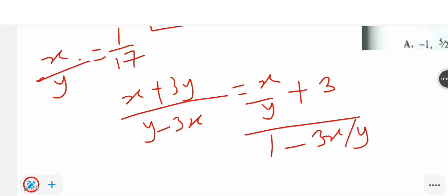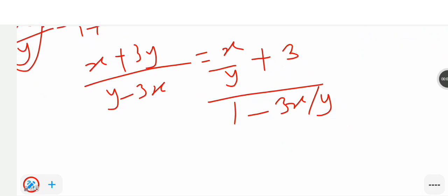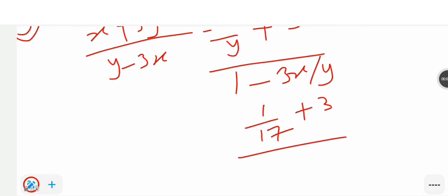I already know the value of x over y is 1 over 17, so anywhere you see x over y, just write 1 over 17 there. So this will be (1/17 + 3) divided by (1 - 3 times 1/17).